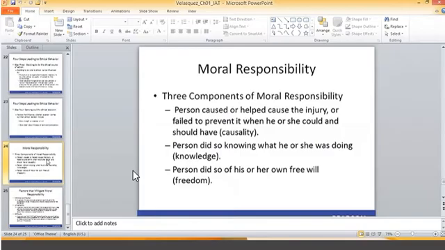What is causality about? The person caused or has caused the injury. Meaning that if you commit the crime, the immoral behavior, you are the one who caused it, or you had someone cause it, or failed to prevent it when he or she could and should have.